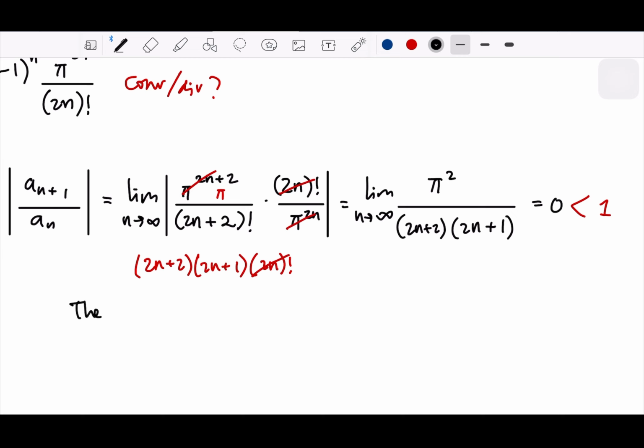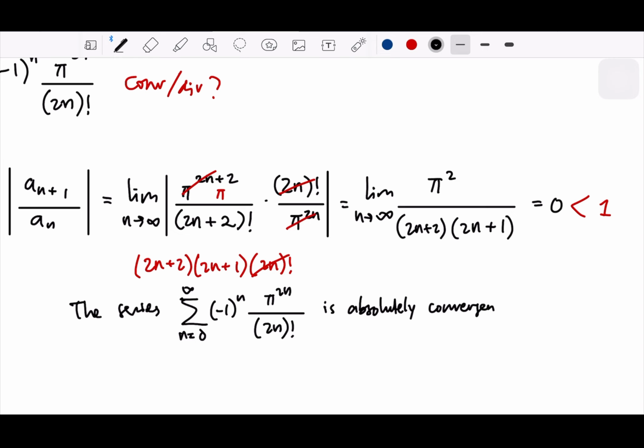So the series is, we can write absolutely convergent if you want, because we are using the absolute value. Absolutely convergent, or just convergent is okay, by the ratio test.